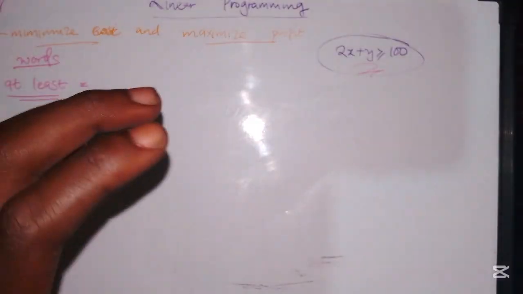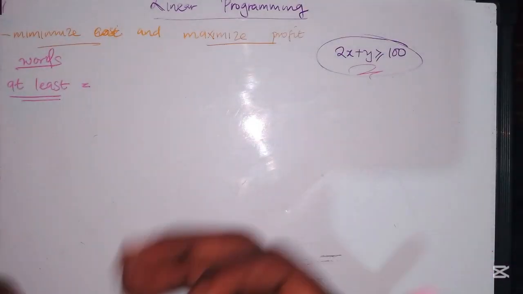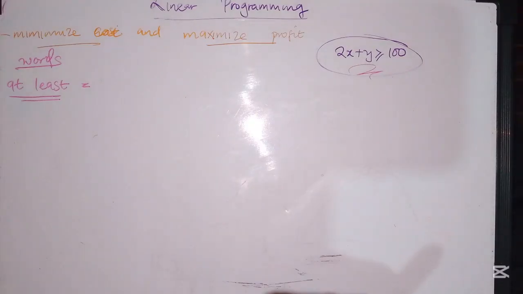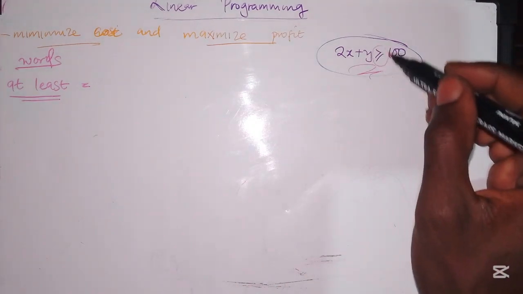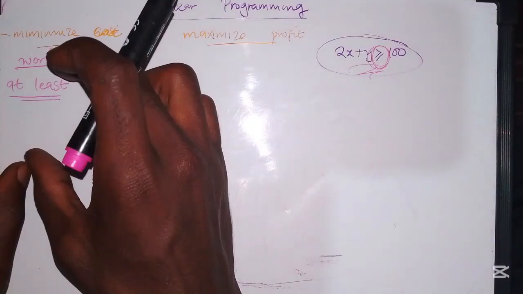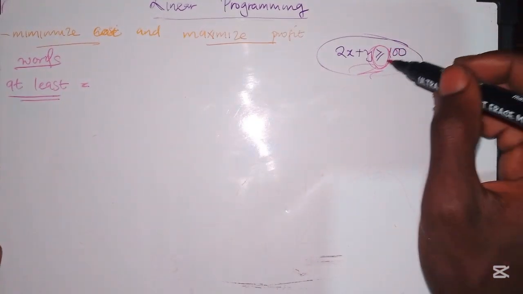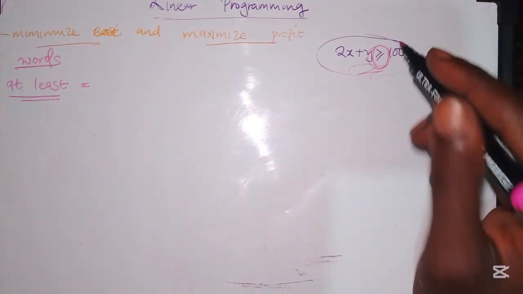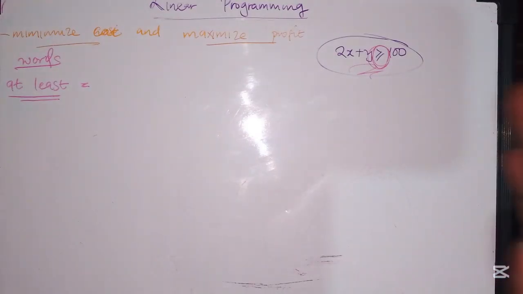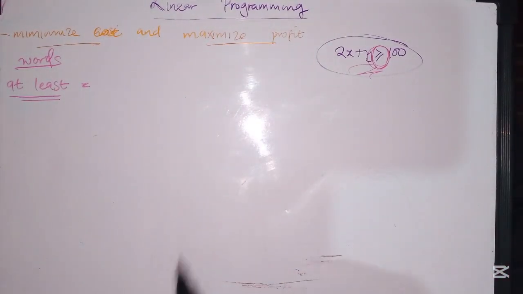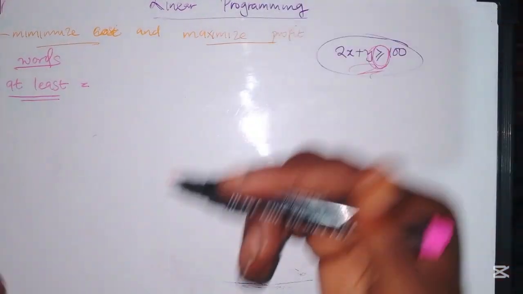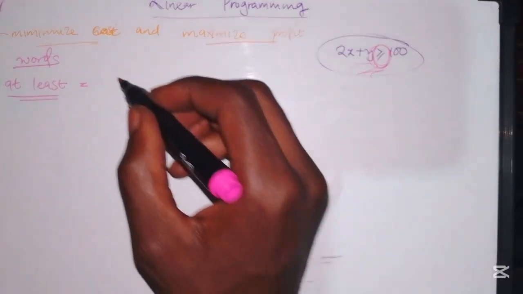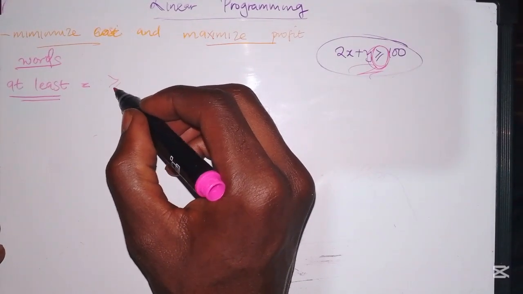So linear programming becomes easy when you understand the meaning of these words, because you will know which sign you are supposed to put here. Yeah. So these words are the signs which we are supposed to be putting in between the numbers. So whenever you hear the word at least, just know that this means greater than or equal to.